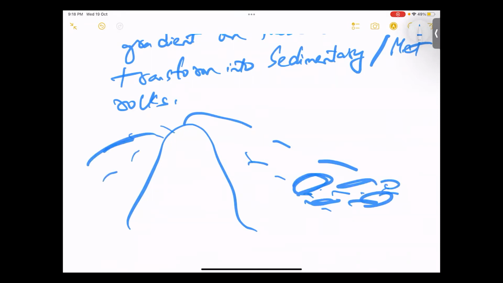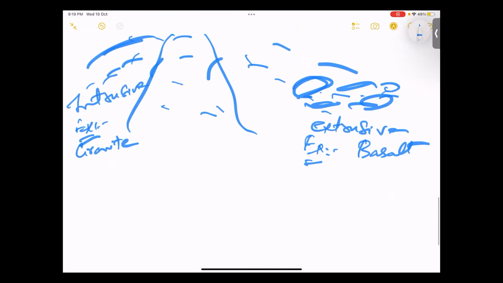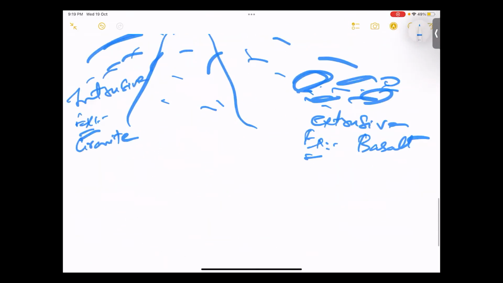Somewhere inside will be the intrusive rocks. As I told you, geography is all about presentation and diagrams. Here you can write example granite, example basalt. That's all. Obviously this diagram will be above the conclusion, so don't get confused.